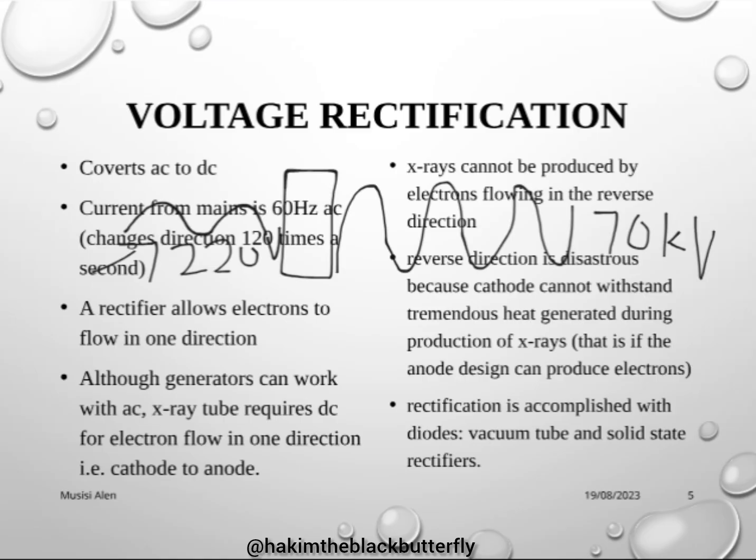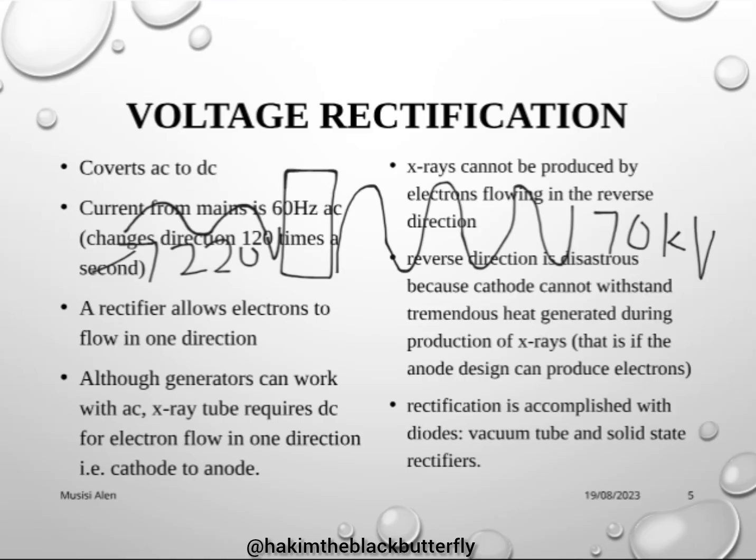If it is supplied with alternating current or alternating voltage, that means at one moment the cathode is negative and the anode is positive, and at another moment the cathode is positive and the anode is negative. We don't want that change of polarity to occur. The change of polarity destroys the X-ray tube.